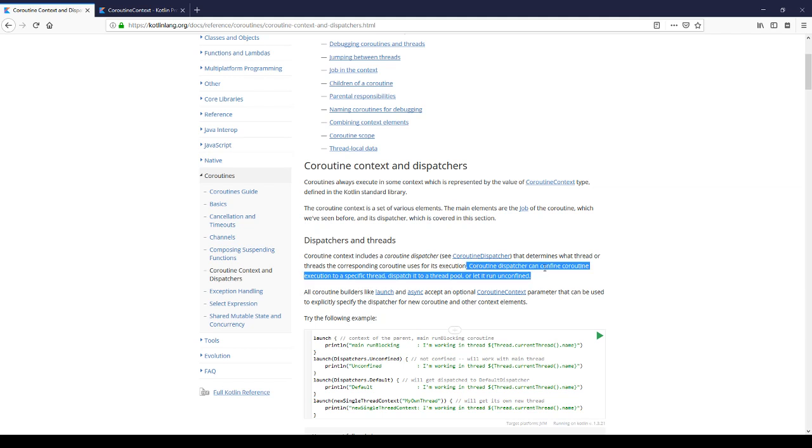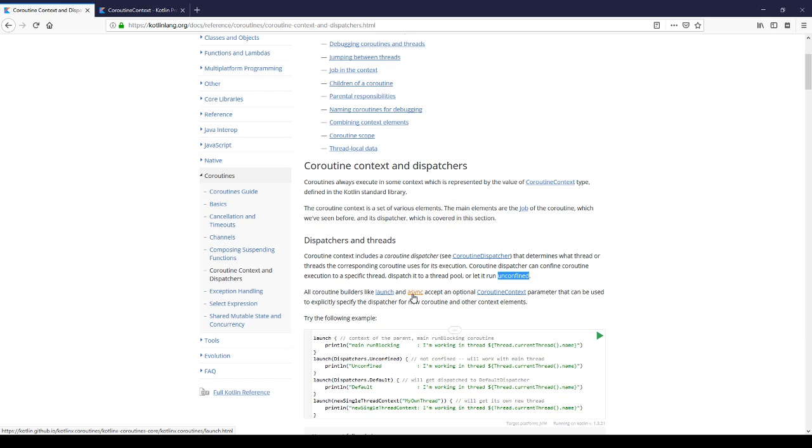Coroutine dispatchers can confine coroutine execution to a specific thread, dispatch it to a thread pool, or let it run unconfined. What does run unconfined mean? Let's see. Confined, restricted to... oh, so that means there are no rules, I guess.